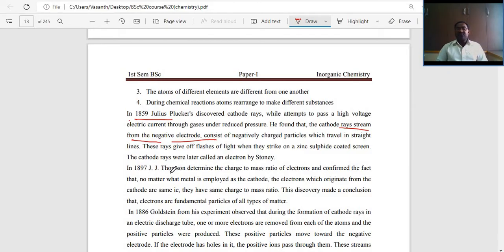These rays give off flashes of light when they strike a zinc sulfide coated screen. The cathode rays were later called electrons by Stoney. In 1897, J.J. Thomson determined the mass by charge ratio of an electron. This discovery led to the conclusion that electrons are fundamental particles of all types of matter.